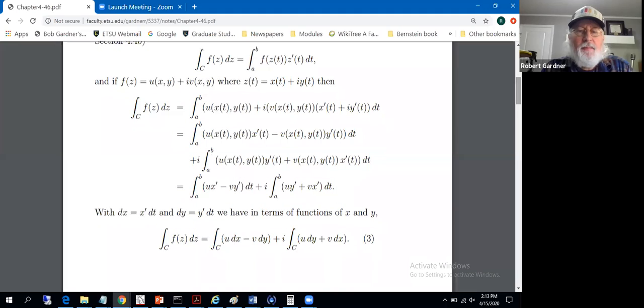Let's swap the x prime dt for dx. So we'll have an integral of u dx, x prime of t dt becomes dx. Here's another x prime of t dt, so it's an integral of v dx. And similarly, y prime dt, replace those with dy's.